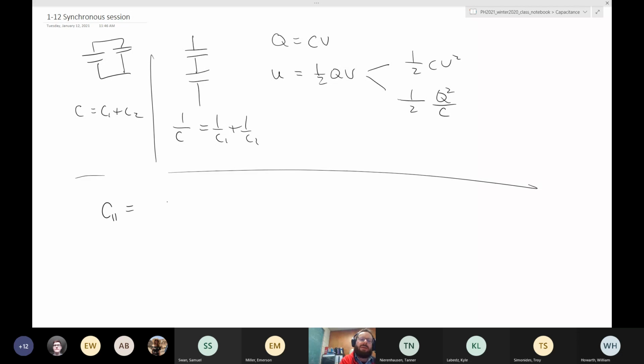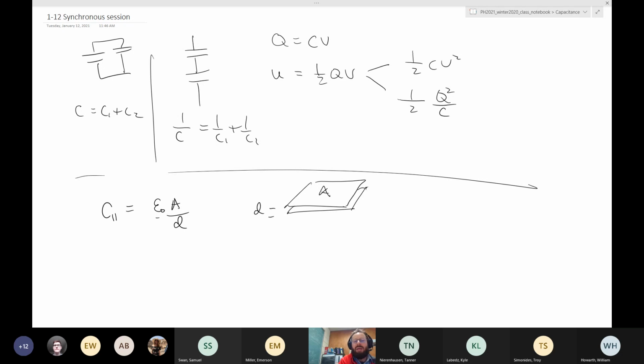It depends on the geometry, so the area of the plate as well as the separation between the plates, and it also depends on the permittivity of free space. Now this would be for the situation where you have just air.